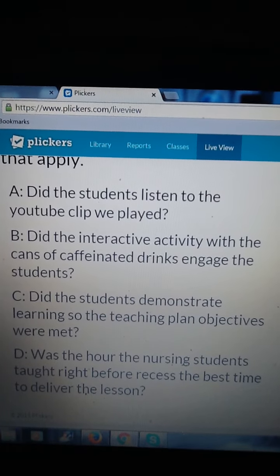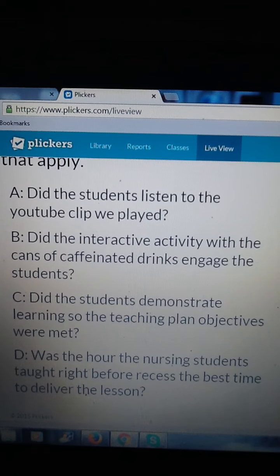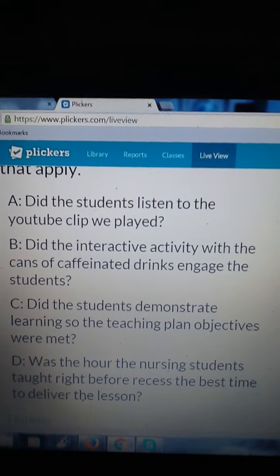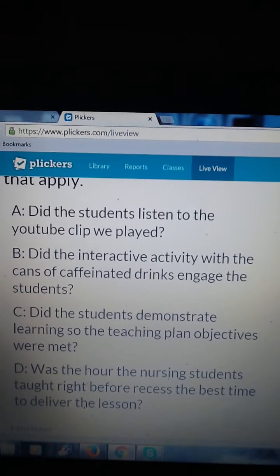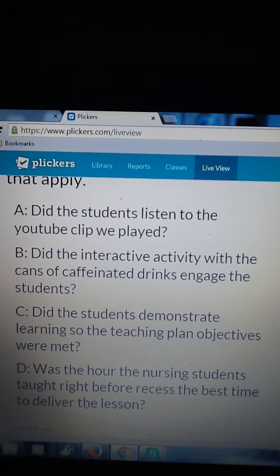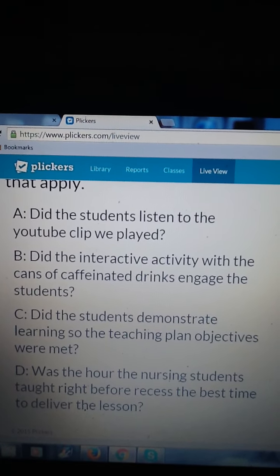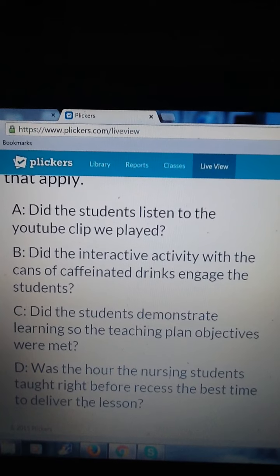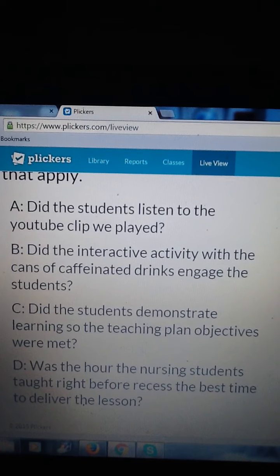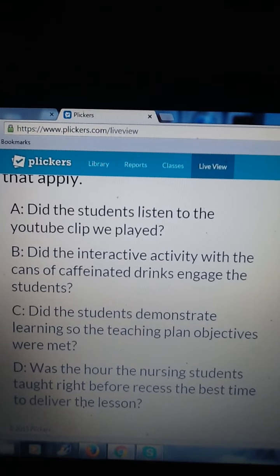And finally, a process evaluation is it was the hour the nursing students taught right before recess the best time to deliver the lesson? Remember, process versus outcome. So the process answers to this question are A, B, and D, because C would be an outcome evaluation.